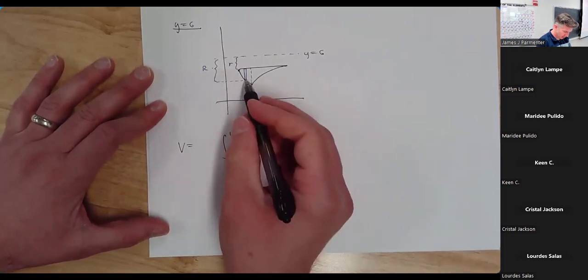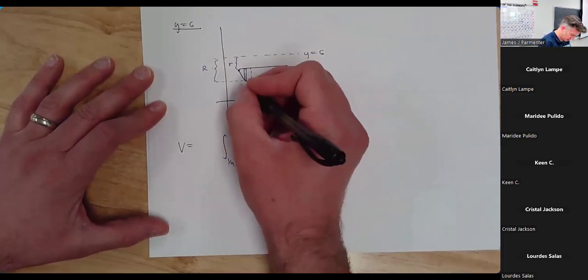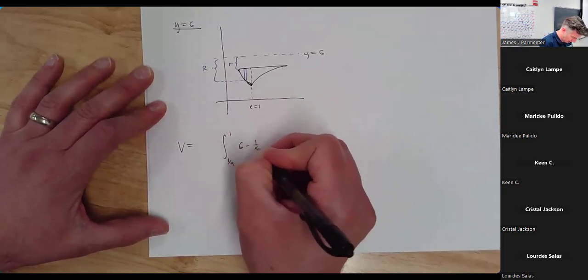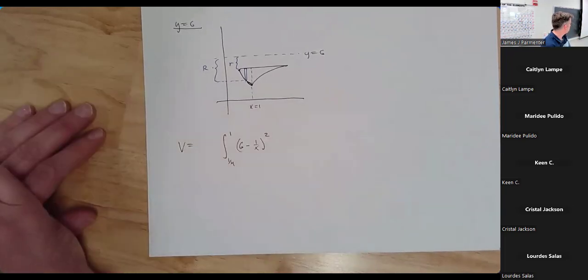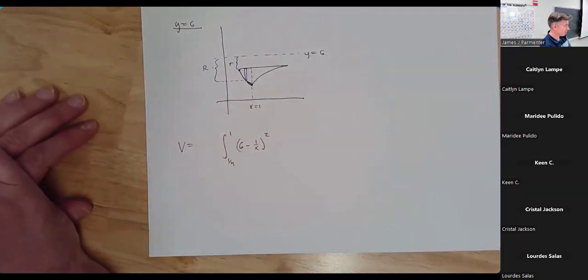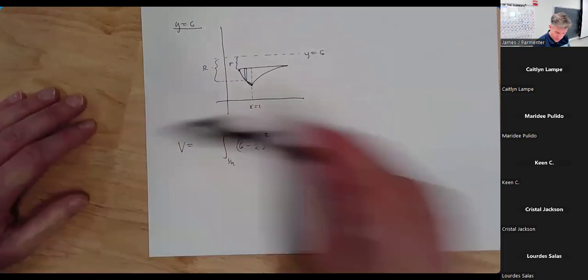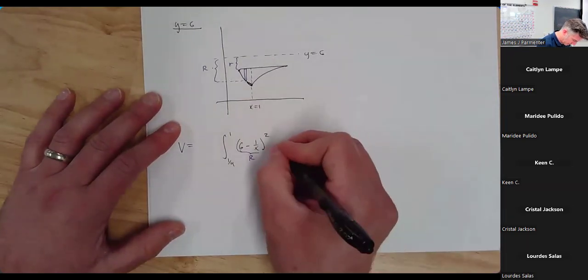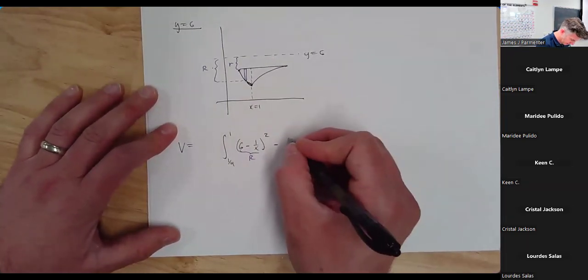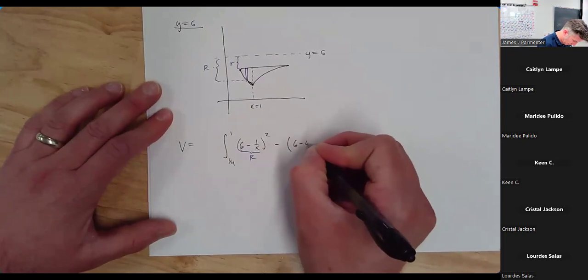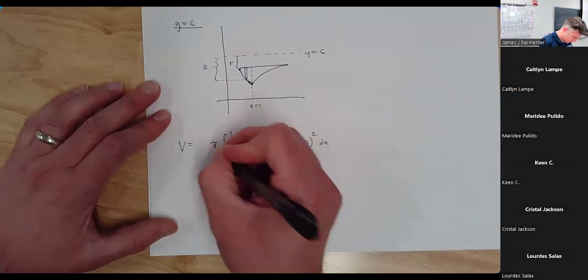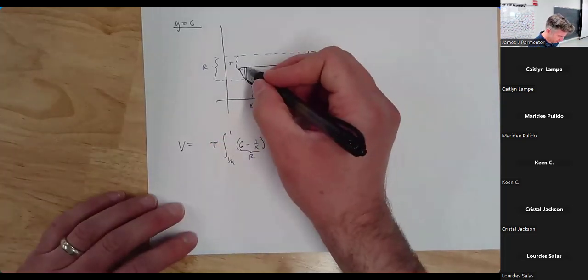My outer radius squared is going to be, that's the function 1 over x, 6 minus 1 over x quantity squared, because it should be the bigger thing minus the smaller thing. Minus, then the inner radius is going to be 6 minus positive 4 squared. So that's the volume of this part being revolved around here.